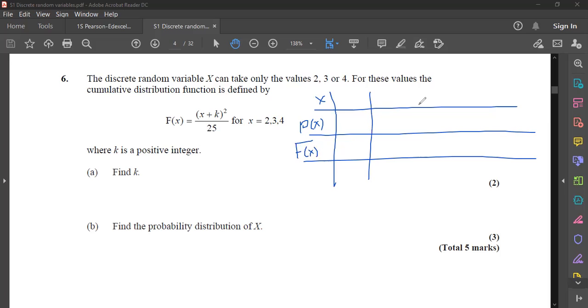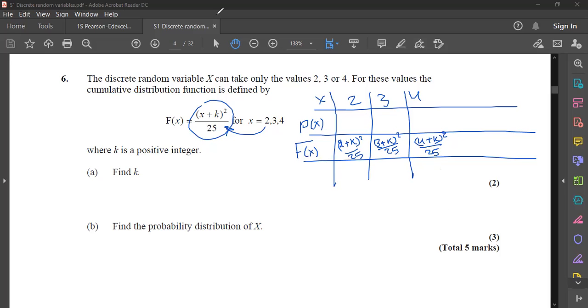Now, the x's we have 2, 3, 4, and the cumulative for each one of them. Substitute 2. That's 2 plus k squared over 25. And the other one, 3 plus k squared over 25. And for the 4, 4 plus k squared over 25.